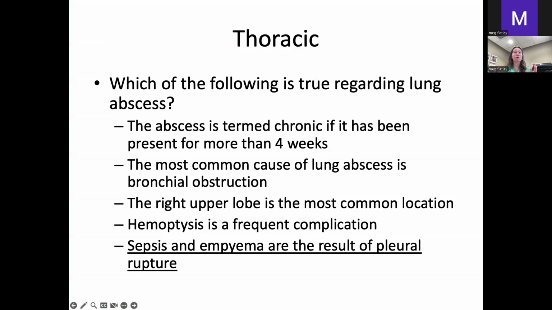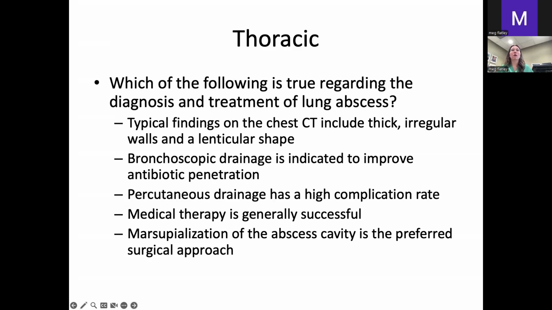So what is our usual mainstay of treatment for a lung abscess? What's our first thing that we're going to do? Yeah, antibiotics, exactly. Which is different from other places in the body, where if we have abscesses elsewhere, what do we do? Right.